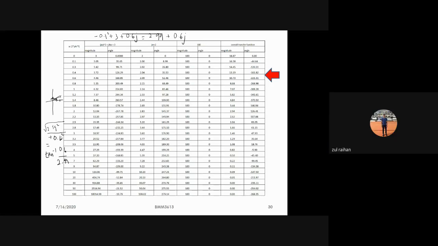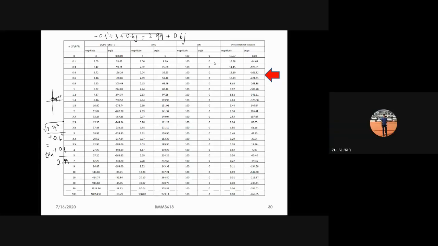Oh, maknanya depan pun salah juga yang untuk plot tu. Ya kot. Dia nak bagi tricky lah. Dia nak bagi korang salah masa belajar. Masa final salah juga nanti. Okay, thank you sir.